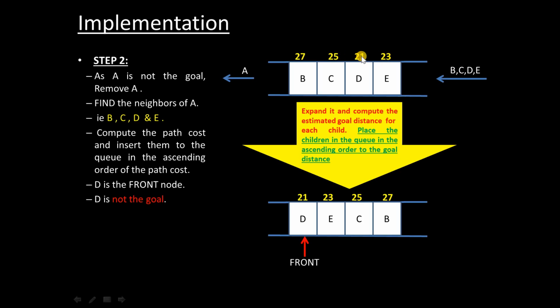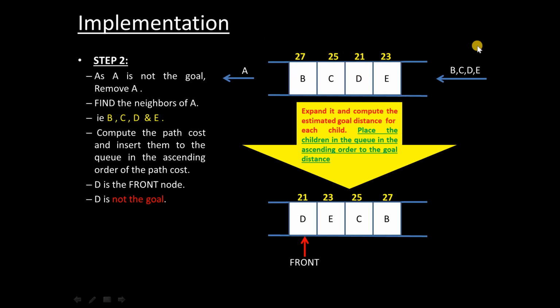For easy implementation or writing, we can first insert them in any order. So B, C, D, E, we enter them into the queue, then we process the queue and reorder it. That will be better for understanding.